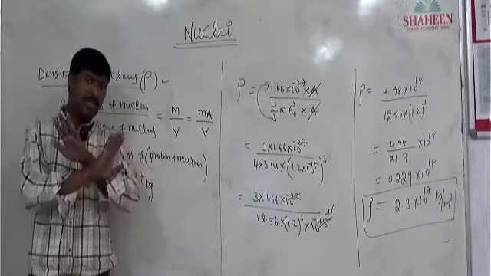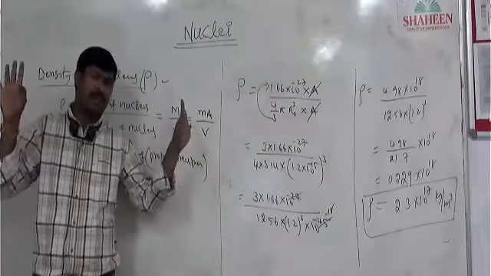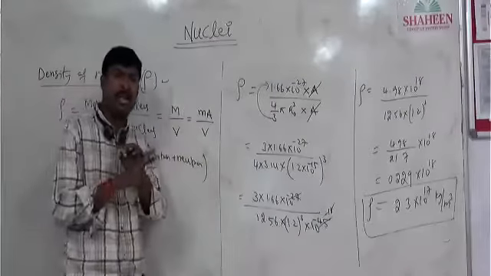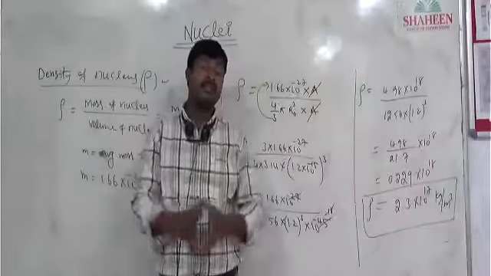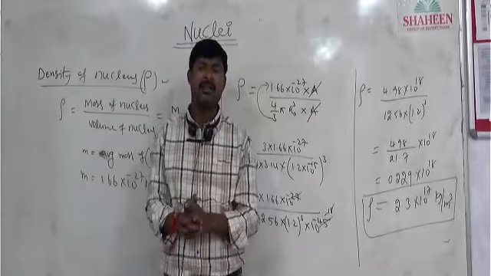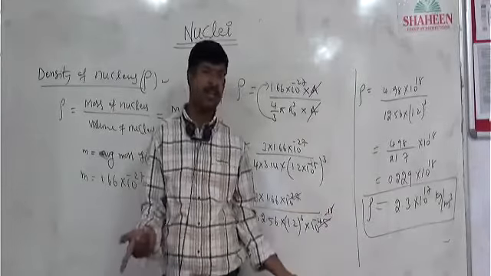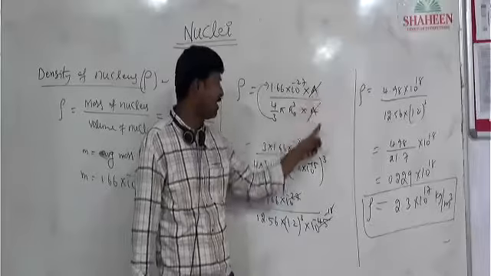So there is no dependency on A as well as Z. Whatever the value of A or Z you take, two different nuclei will have the same density, even though the mass numbers are different. Because A cancels out.